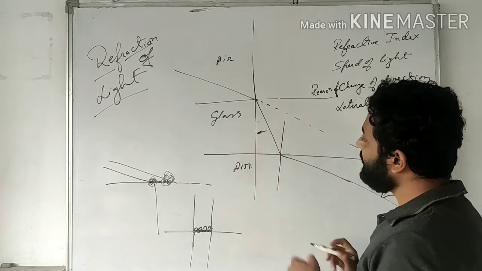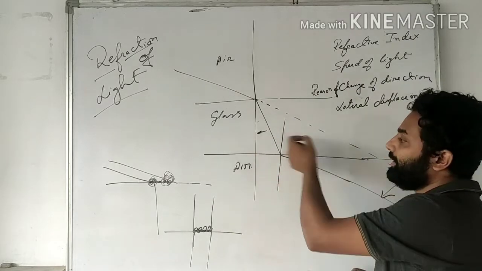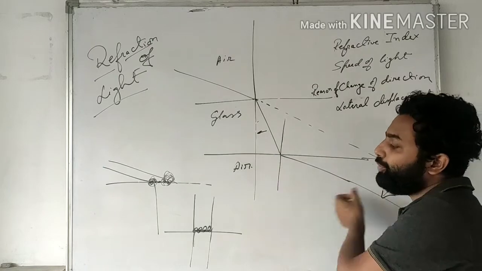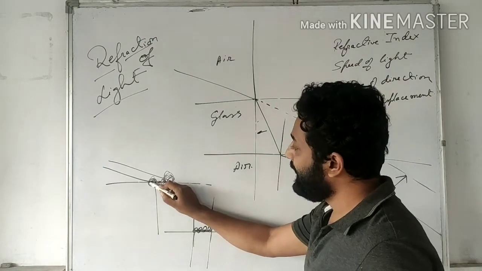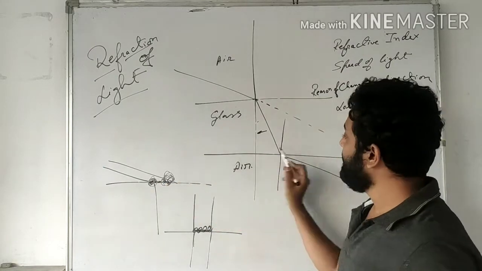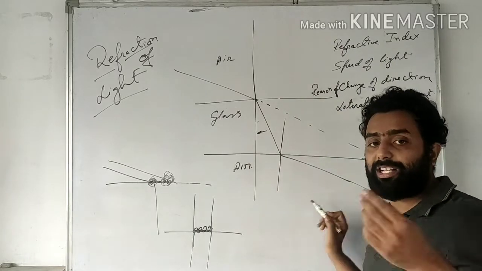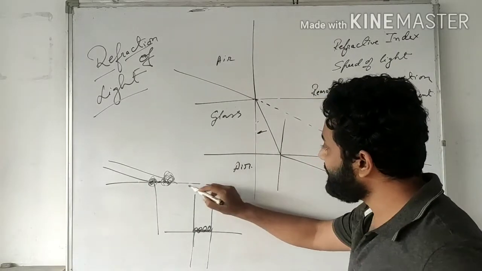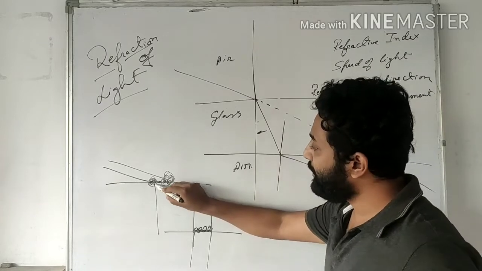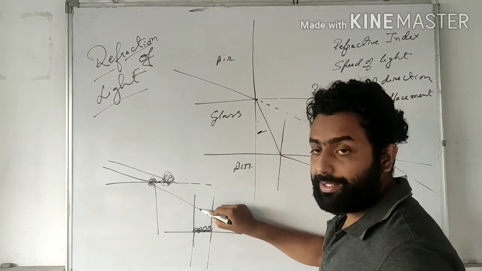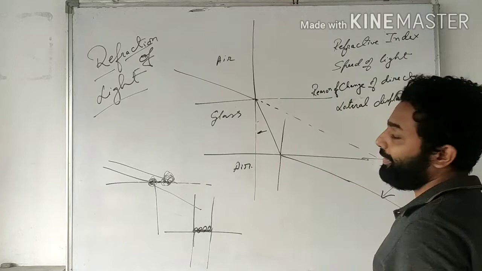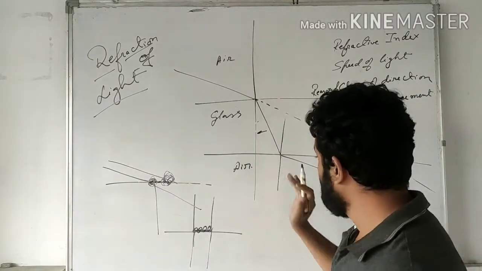Similarly, when it is moving out of the denser medium into a rarer medium, what happens? These particles hit the surface earlier, and since it is moving to a rarer medium, its speed will increase, and that's why it will move away from the normal.